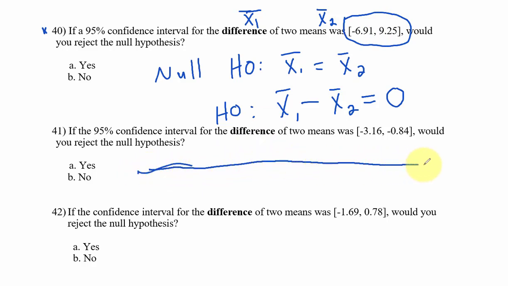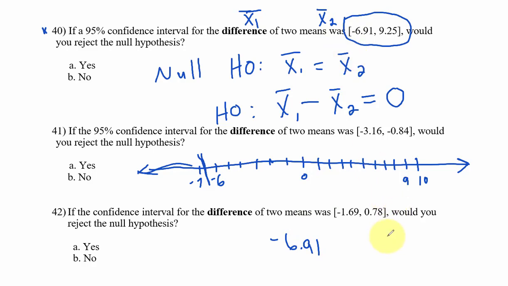Pretend that's a straight number line there. Right? And this was 0, 1, 2, 3, 4, 5, 6, 7. This was negative 7. This is negative 6, etc. And going this way, 1, 2, 3, 4, 5, 6, 7, 8, 9, 10. That's 10. This is 9. So if we look at this difference here, right, negative 6.91, so that would be right about here.